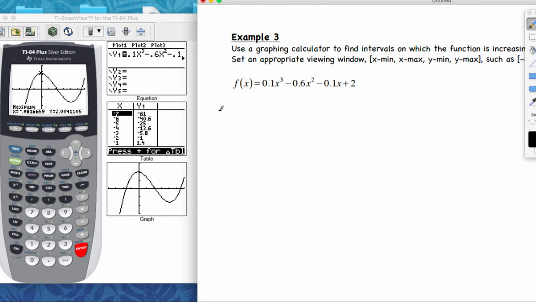Okay, so we have a max of 2.004. Remember that that y value goes first, your actual max height goes first.